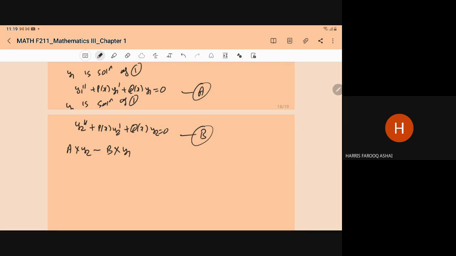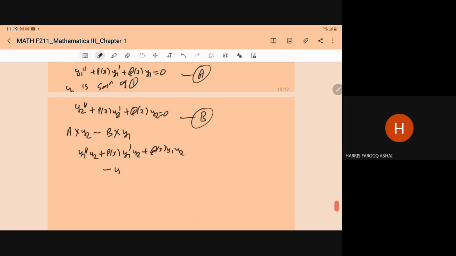So the first one will come y1 double dash y2 plus px y1 dash y2 plus qx y1 y2, minus y1 y2 double dash plus px y1 y2 dash plus qx y1 y2 is equal to 0.